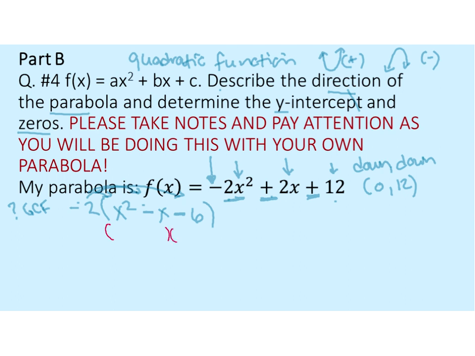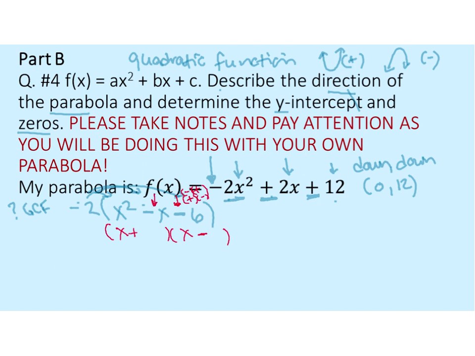Let's do a quick review of factoring. What times what gives me x squared? x. Now I look at the next term. That's a negative. The only way I can get a negative is a positive times a negative. Doesn't matter which one; I'll just do positive and negative.